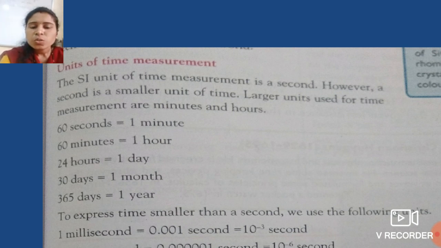So this is all the general information regarding time.